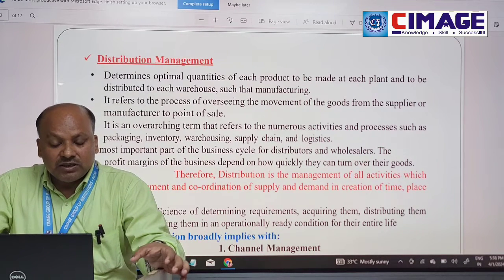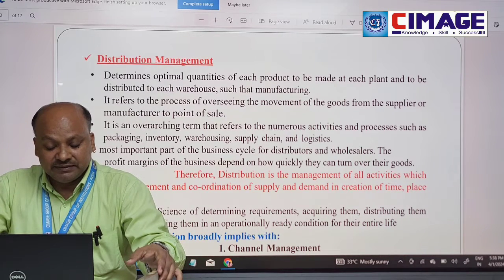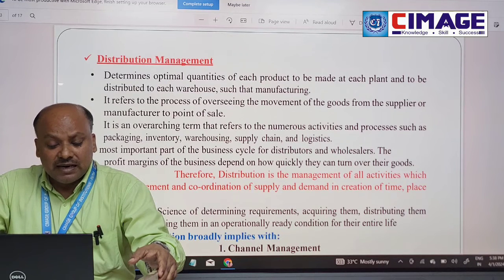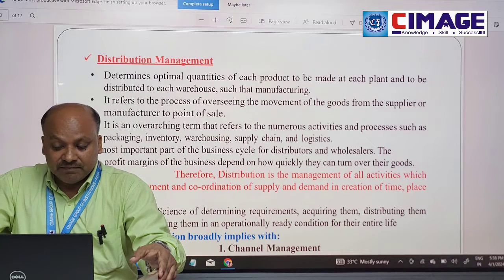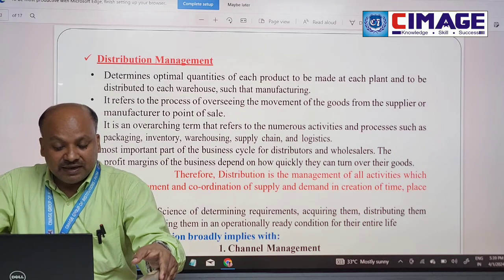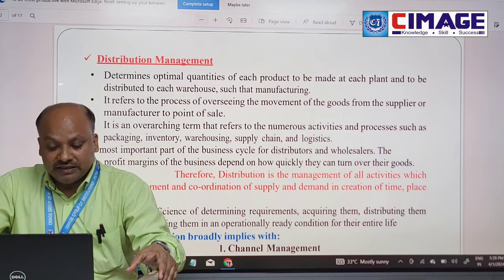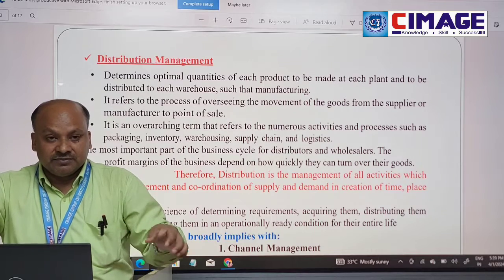This is how distribution management could be defined. In other words, it is the art and science of determining requirements, acquiring them, distributing them, and finally maintaining them in an operationally ready condition for the entire life.